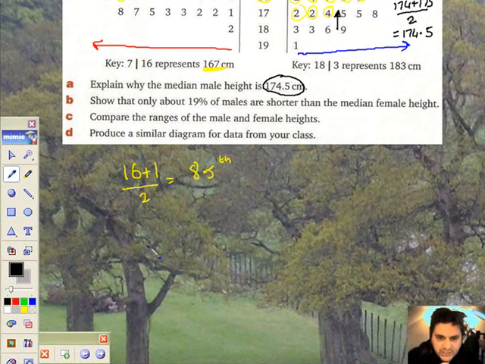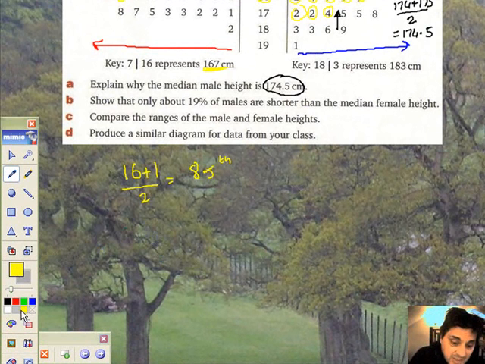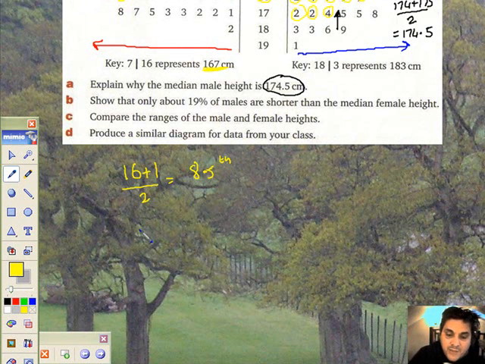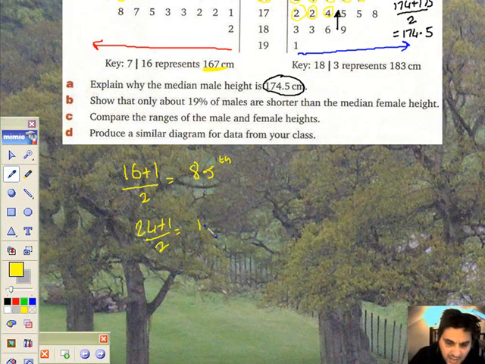Next question says, show that about 19% of males are shorter than the median female. Well, first of all, let's find out this median female. I've got 24 females, add on 1, divide by 2. I'm looking for female number 12.5.